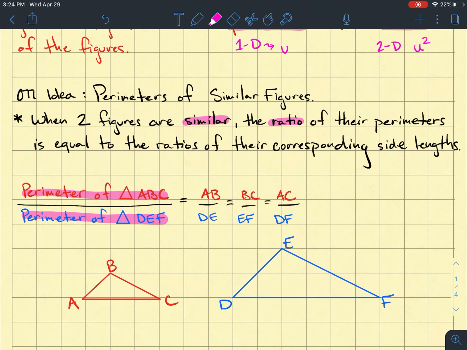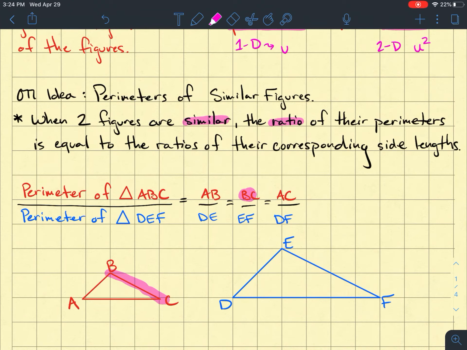So if you were to put the perimeter of the red over the blue triangle, its ratio would be the same as if you were to put side AB, the length of side AB, over its corresponding side DE in the other triangle. Okay?